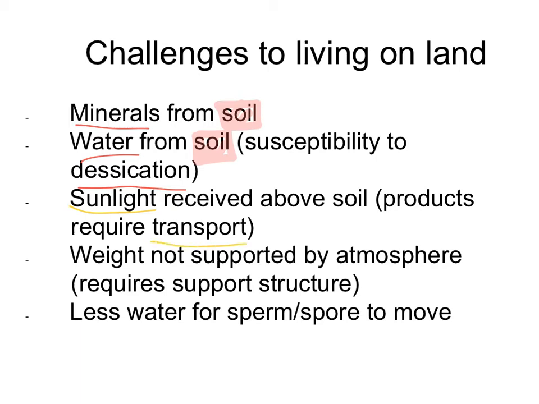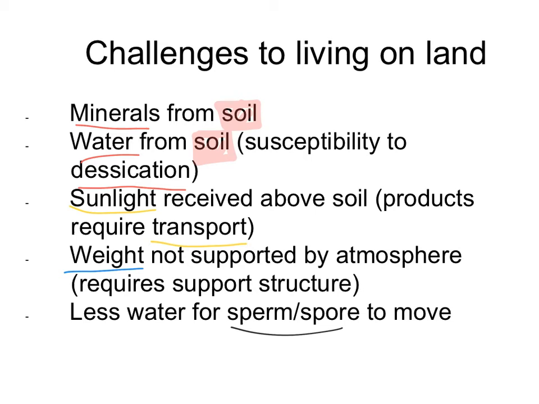So how am I going to transport anything? And there's also the question of weight. What will support the weight of the plants? Because the atmosphere isn't going to be able to support that like water does for the algae, which means there's going to need to be some sort of support structure. And in addition to that, there's no water for the sperm or spores to swim around in. So how are these plants going to be able to reproduce?